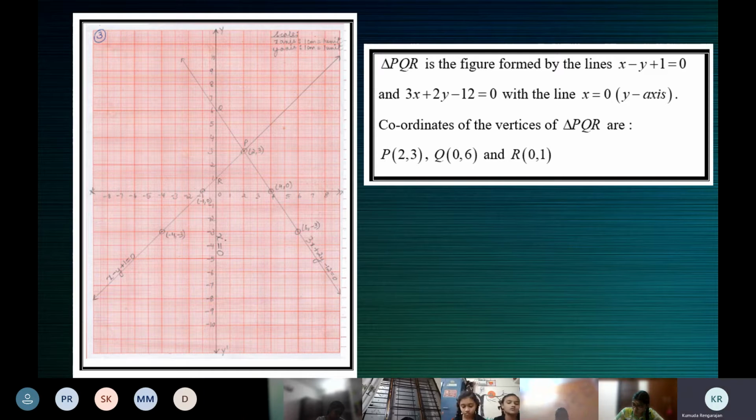Shreyas, one of your lines intersects the x-axis at 4 and y-axis at 6. That's correct. The other line is incorrect. Please check that.